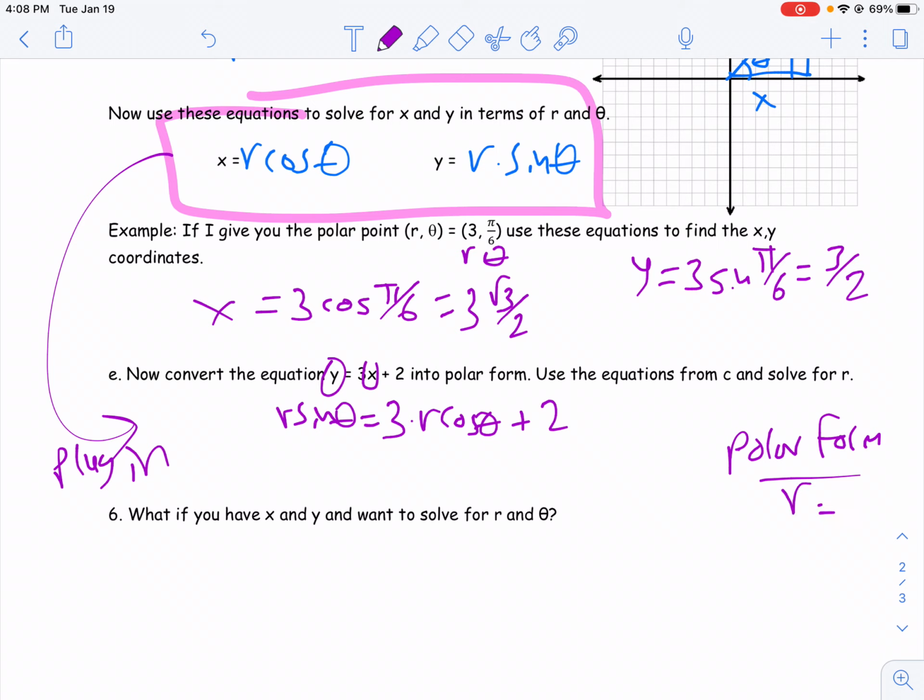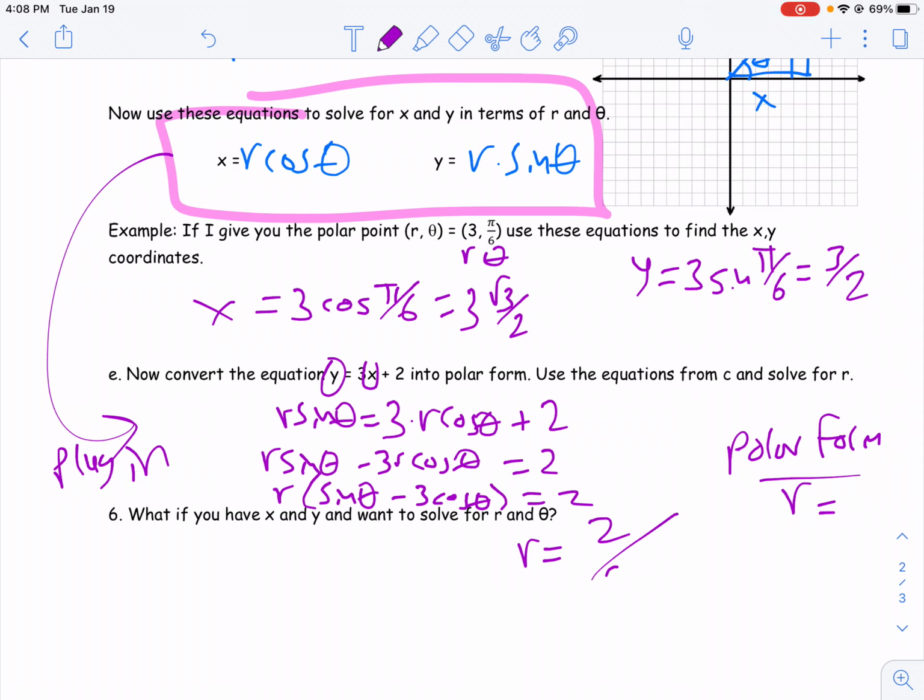In polar form, you want to have an r equals. So I'm going to just get everything to one side here. So r sine theta minus 3r cosine theta equals 2. Factor out r, and I'm left with sine theta minus 3 cosine theta equals 2. So that means my r is 2 divided by the sine of theta minus 3 cosine of theta. Okay, so that's how I can solve for the r.